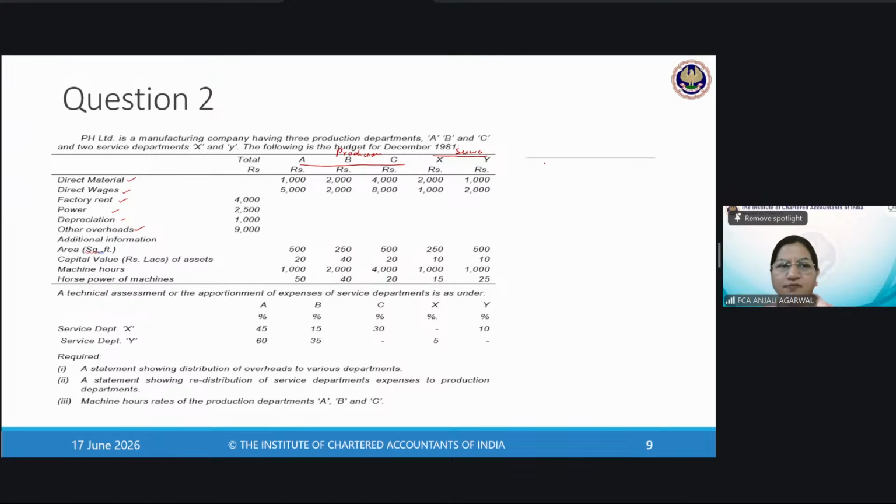Here there is one very important concept. Remember this, that direct material cost and direct wages are not overheads, but only for the production department.